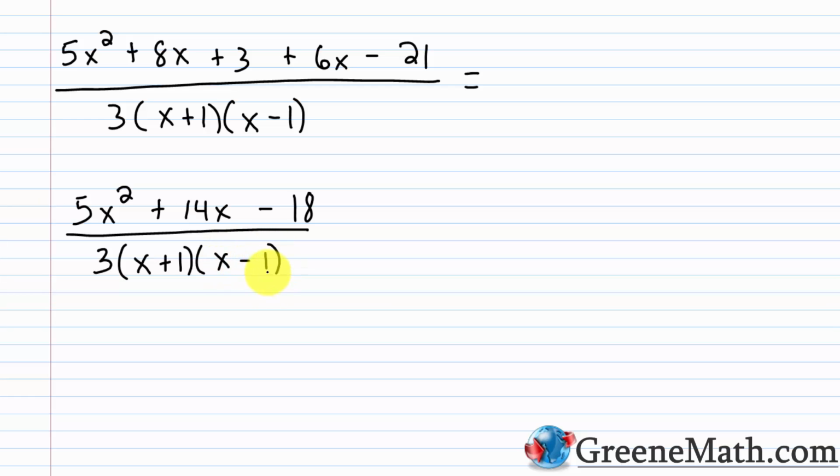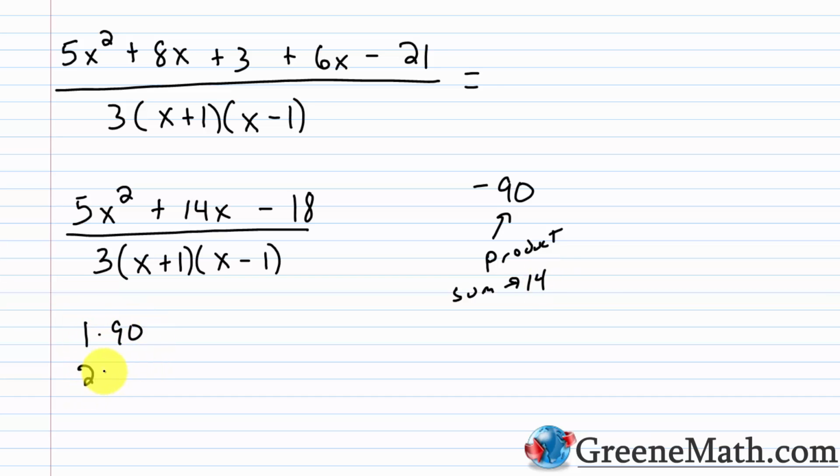Now, can I factor this trinomial in the numerator? So 5 times negative 18 is negative 90. So give me two integers whose product is negative 90 and whose sum is 14. Well, let me think about that. I've got 1 times 90. That won't work.